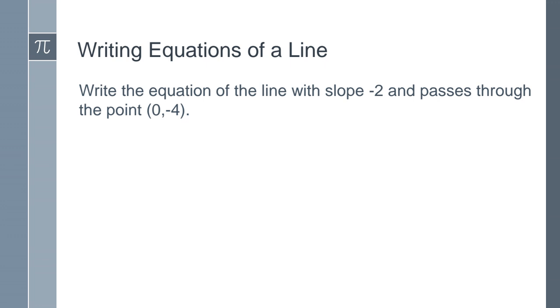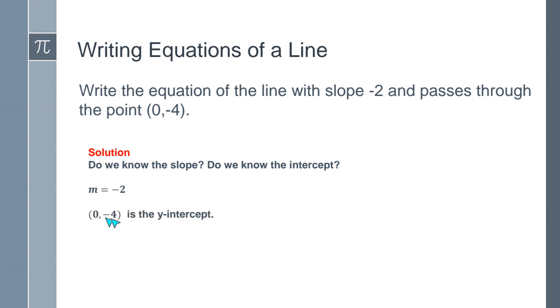So we do know the slope and we know the intercept. The slope is -2 and the y-intercept is 0, -4, which translates as b is equal to -4. I'm going to use my y-intercept form of a line and substitute the values. So here we get y equals m is -2, and then b is our -4. And so that's going to be our answer.